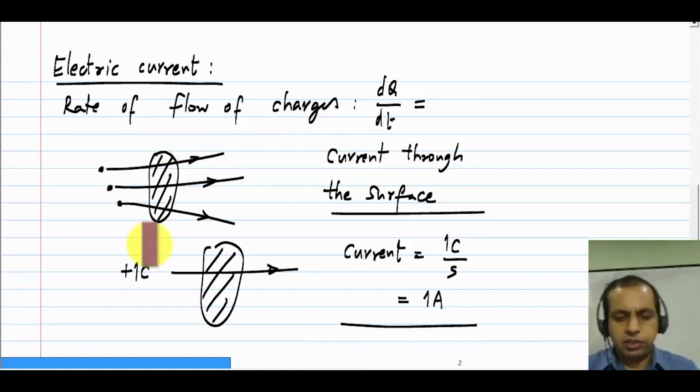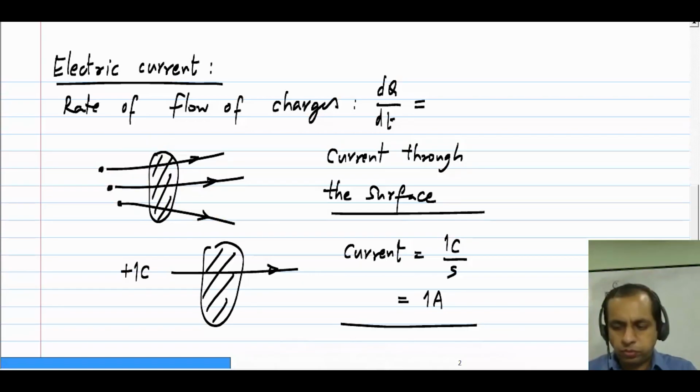Now this is a very general definition of current, and depending on how charges are moving across the surface, you can compute the current by looking at how much charge is moving across the surface in 1 second.